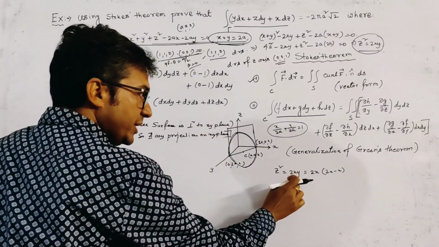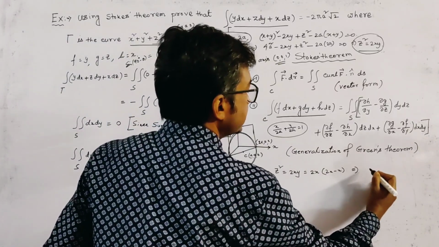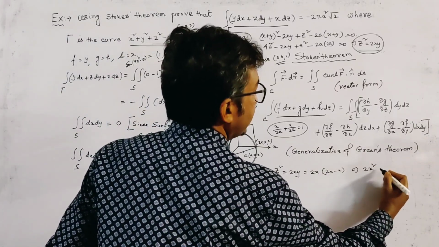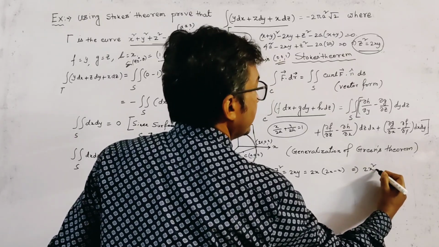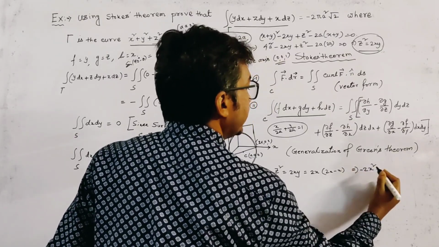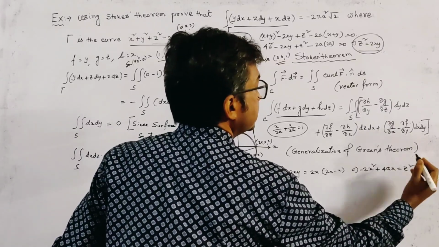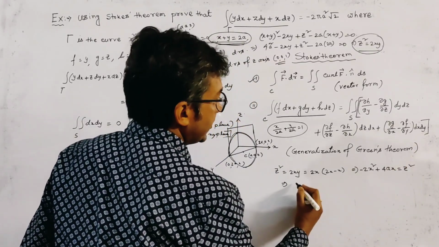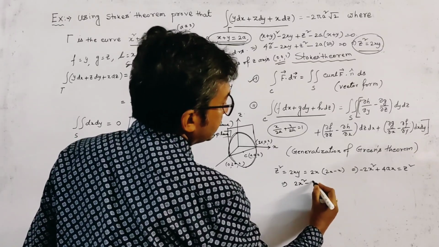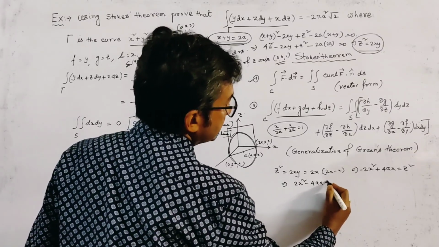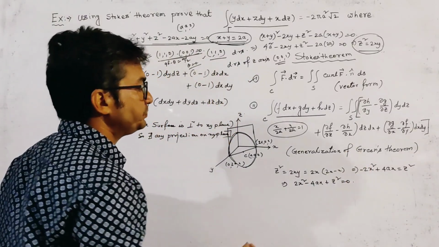So we eliminate y from this relation and get z square equal to 2x square minus 4ax, that is, 2x square minus 4ax plus z square equal to 0, right?